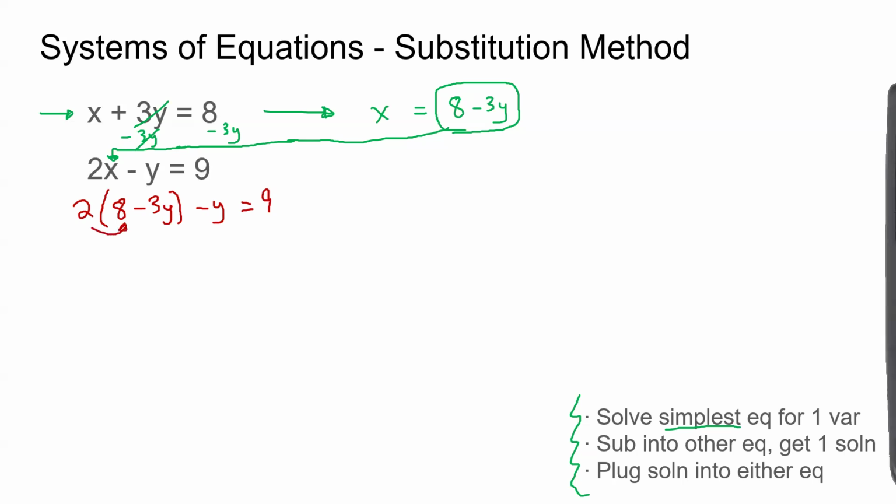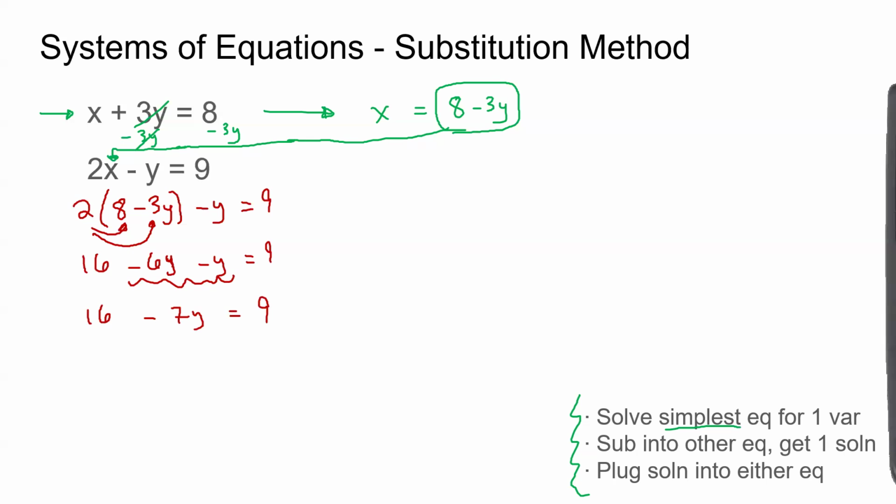We do need to distribute, so 2 times 8 would be 16. 2 times negative 3y would be negative 6y. I've got the negative y there. That's equal to 9. I can combine these, and that'll give me 16 minus 7y equals 9.